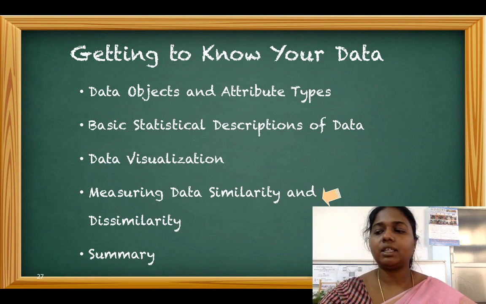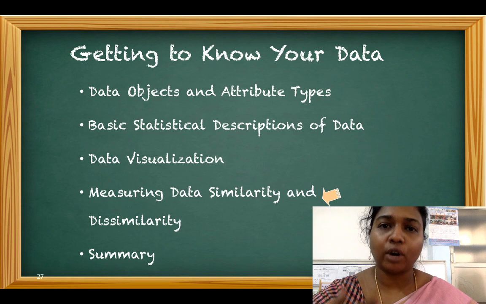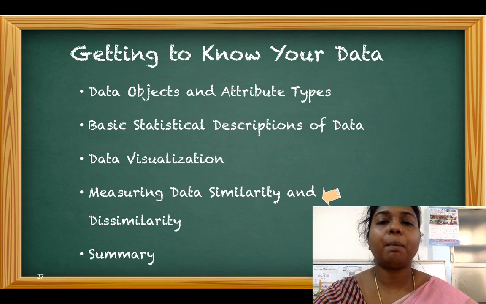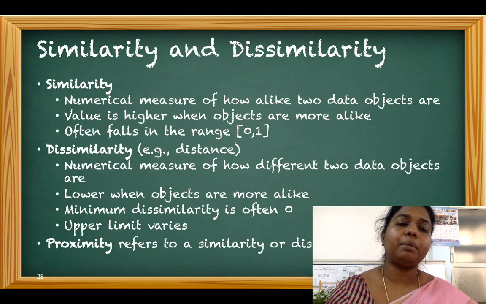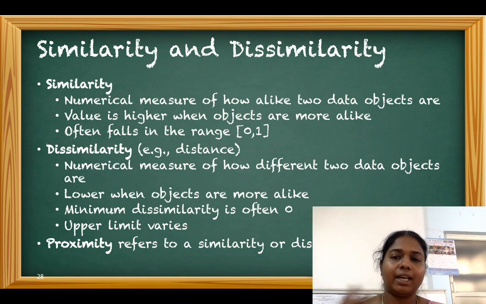So some methods or measures are used for identifying the similarity and the dissimilarity in data. And these measures depend on the data type. A similarity can be a measure of how much alike two different data objects are. So if the value is very high, then it means that the objects are more similar to each other.